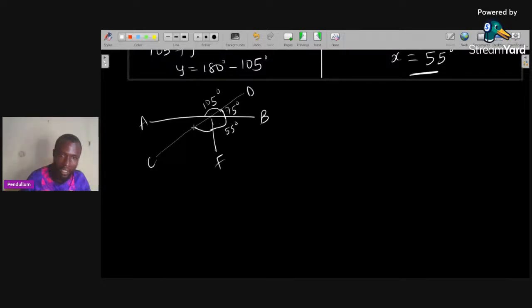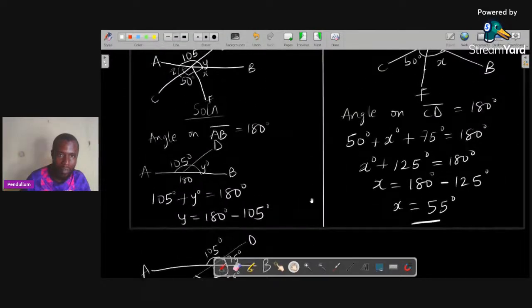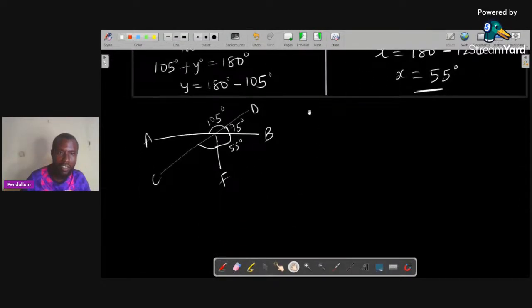What was this side given to us as? Okay, 50 degrees. So the only side left is Z, which we are to find.